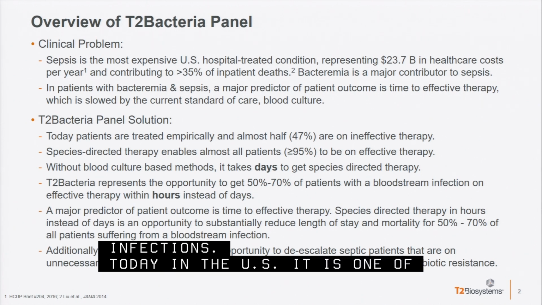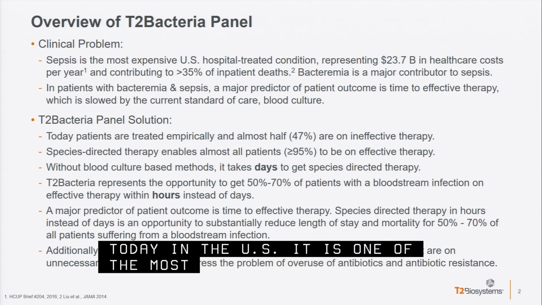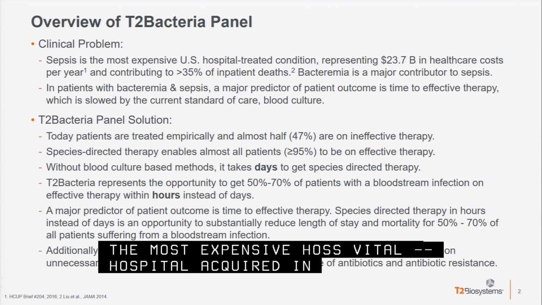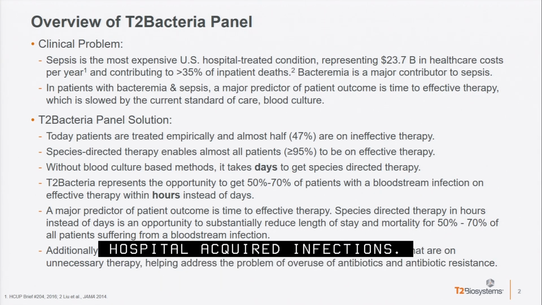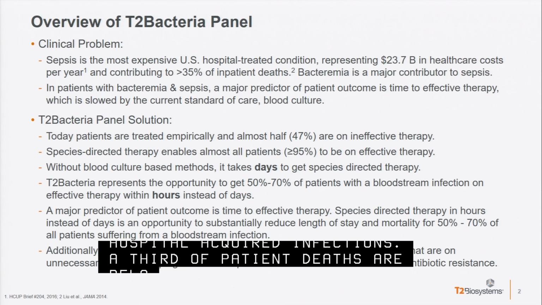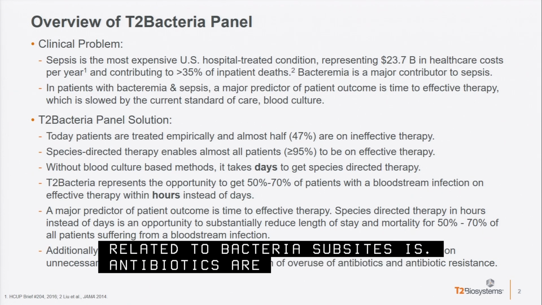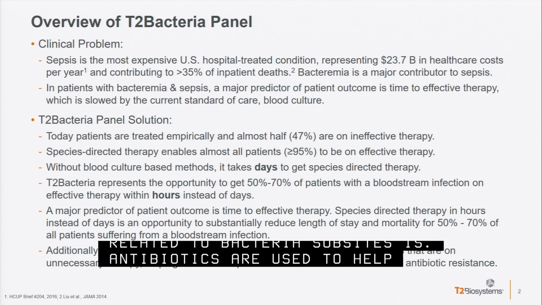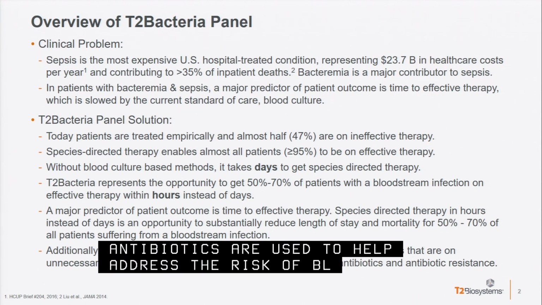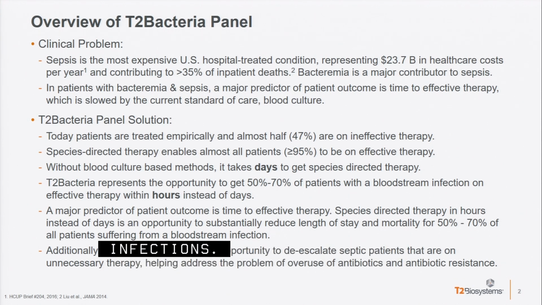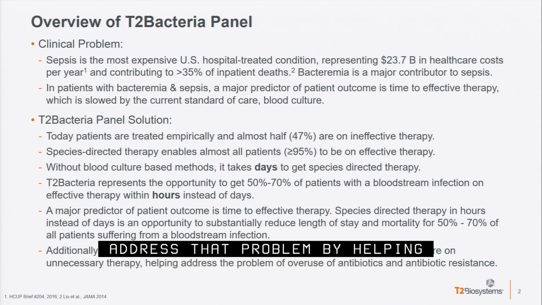Over $20 billion are spent, and about a third of inpatient deaths are attributable to bacteremia and sepsis. It's a major problem, and for that reason, antibiotics are used very aggressively to help address the risk of bloodstream infection and sepsis. And T2 bacteria is positioned to help address that problem by helping inform antibiotic decisions earlier in the progression of disease. Today, almost half of patients who are on empiric antibiotic therapy are not on the effective therapy.